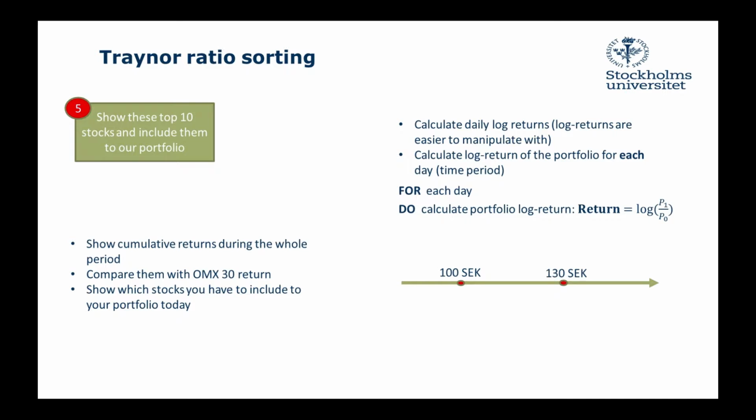Each of these points is some point of time, and each of these points is the price of the stock at a specific point of time. Let's say we're now standing here. There is no signal for us to include this stock. This is why we don't have anything to do.